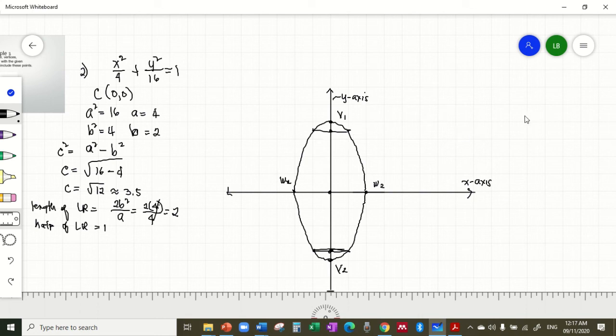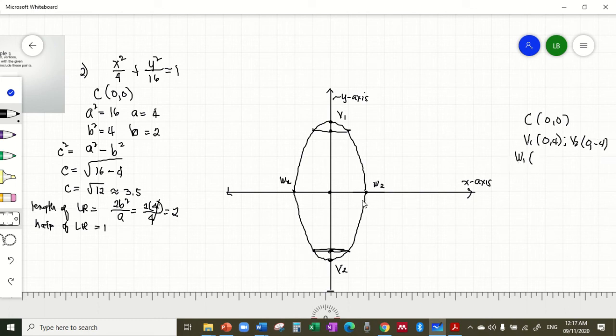So we have center, vertices, so 0, 4, and 0, negative 4.